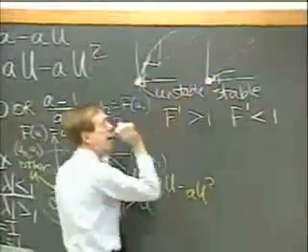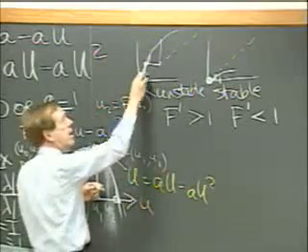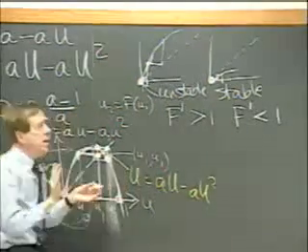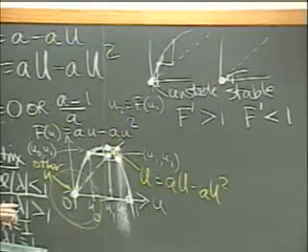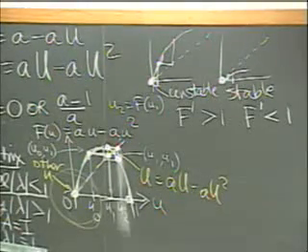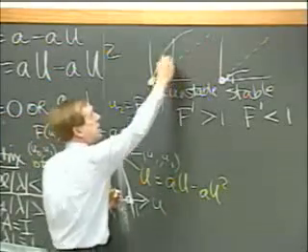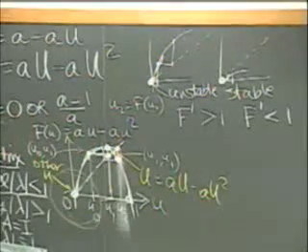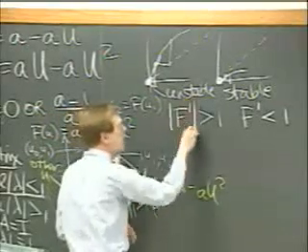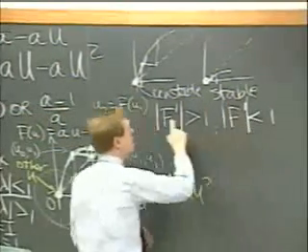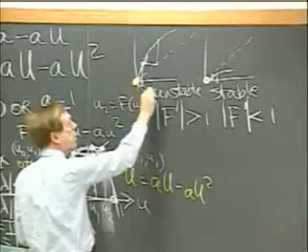If I microscope in, zoom in around here or here, I'm seeing just a totally linear picture. But the nonlinear part, the fun, starts when it gets away from this point, and the question is, where does it go to? So finally, I'll put in absolute values there because the same would be true if the function was going downwards.